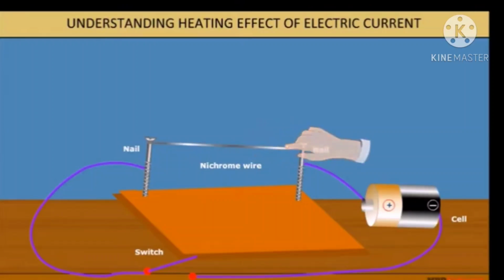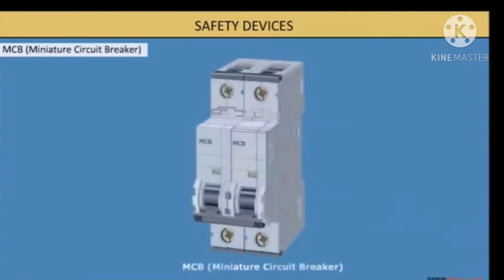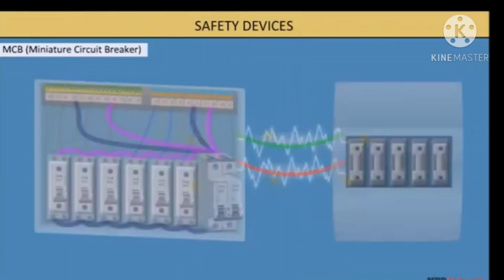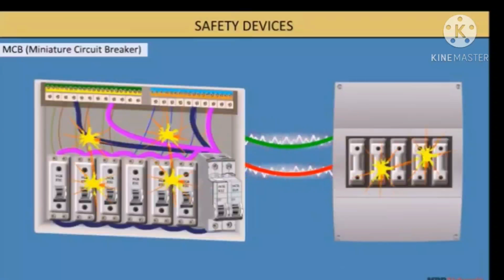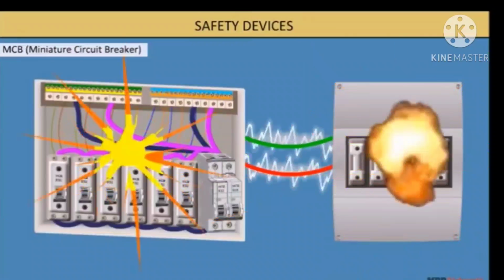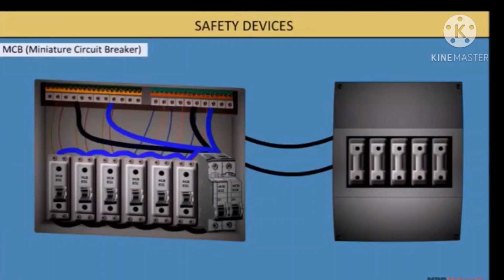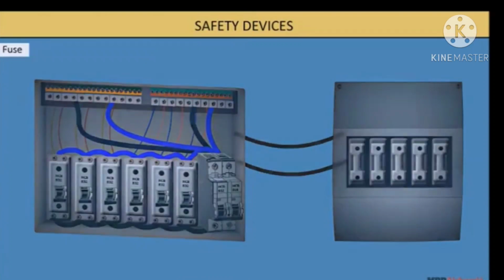Now children, there are many safety devices which work on the same effect of current. First is MCB, miniature circuit breaker. MCB can also be used to protect the circuit from strong currents. Strong currents often lead to overheating of wires which can result in the breakout of fire.